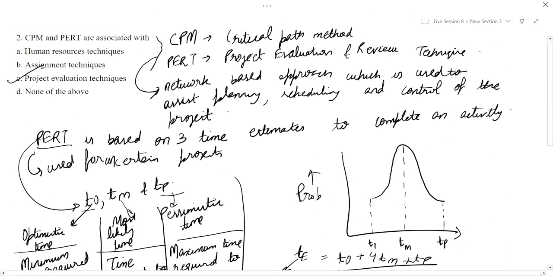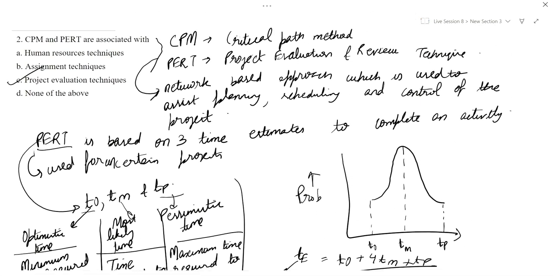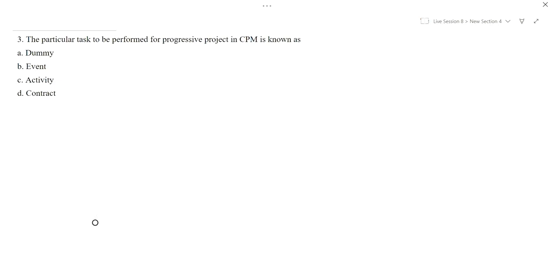Okay. Moving to the next question. The particular task to be performed for a progressive project in CPM is known as which of the following? Okay, the correct option is C, activity. Now I'll briefly explain what a project is.